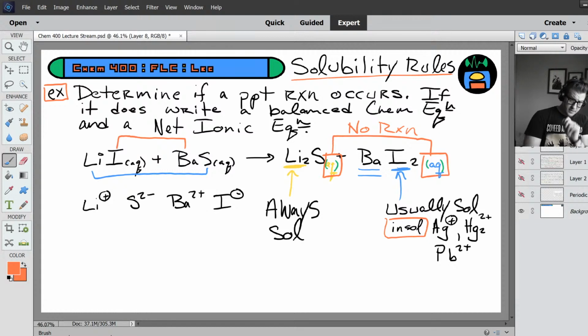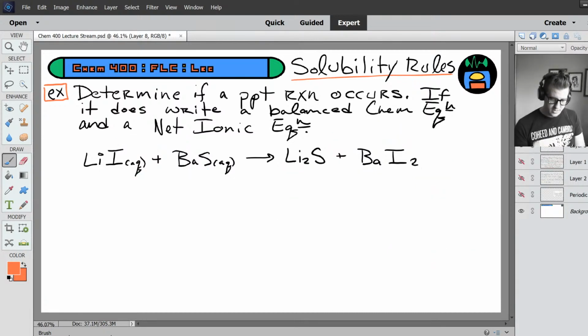This can be confusing for some students because you may be looking at this and going, Josh, this looks like a reaction happened to me. I'm going to take a moment to show you why no reaction happened. I'm not going to do this for every problem where we hit no reaction, but I find it's helpful when we look at the first one.